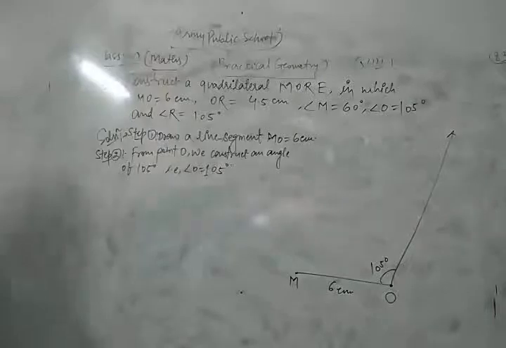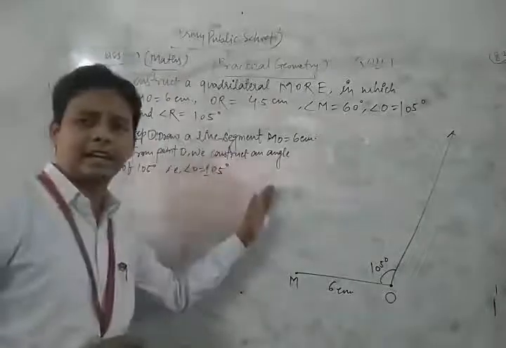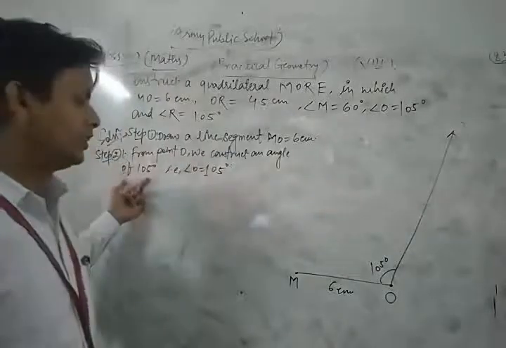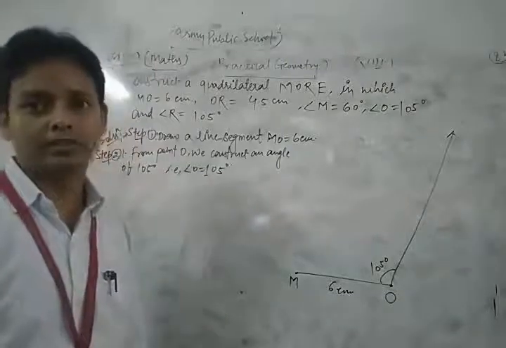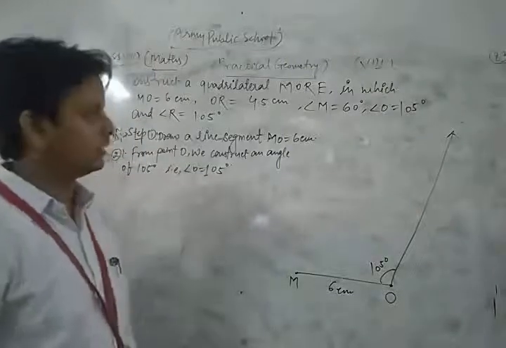Now let's see, from point O we construct an angle of 105 degree, that is angle O is equal to what? 105 degree.